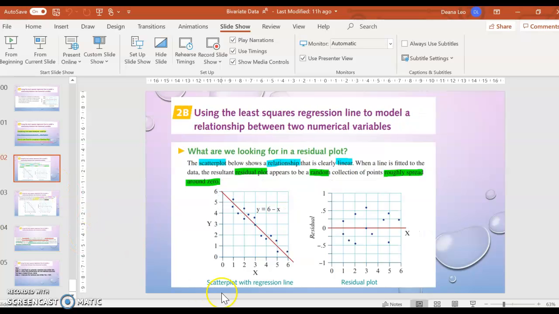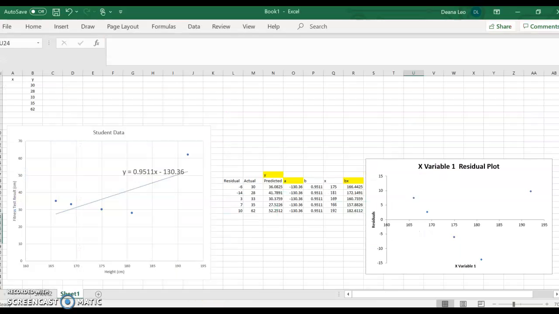Okay, now we have to look at our scatter plot and decide whether it's still linear data, because another point of the residual plot is to determine whether the data really is linear, because the residual plot is said to be more sensitive than the scatter plot.